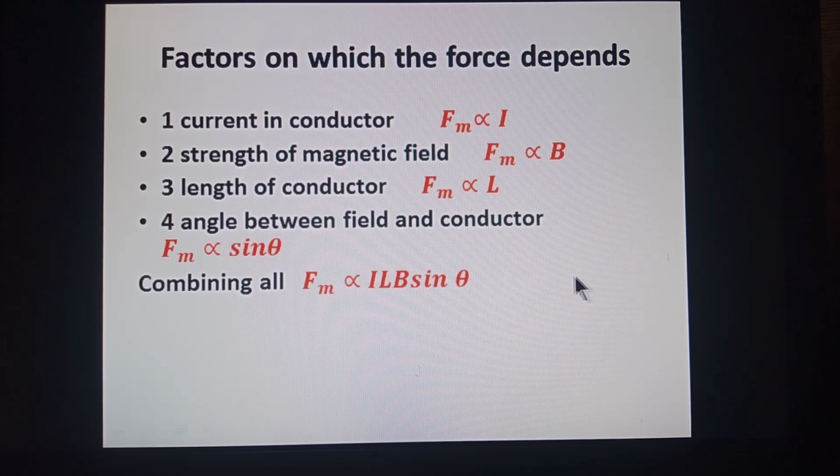Now removing the sign of proportionality, in this case the constant is 1, so it is the mathematical expression for magnetic force exerted by magnetic field on a current carrying conductor placed in it making a certain angle theta with the magnetic field.